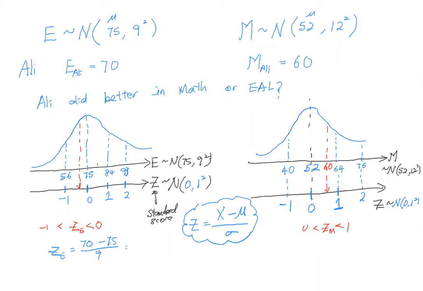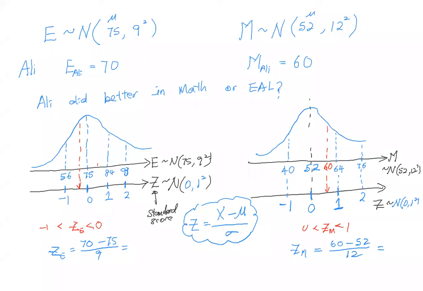For the standard score for Ali in math, I take 60 minus the mean, divided by 12. Okay. So can you please calculate?